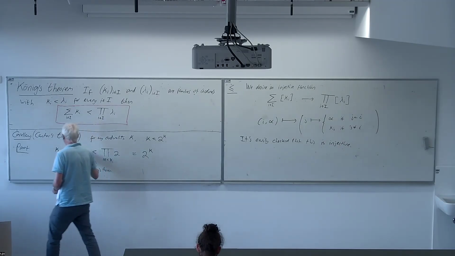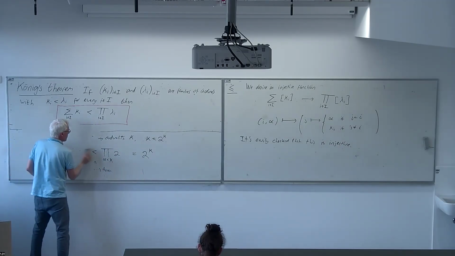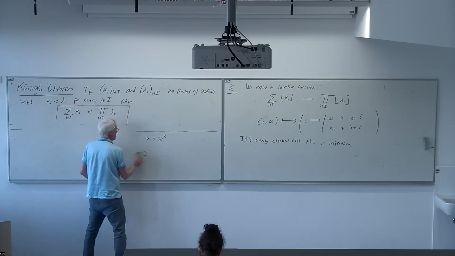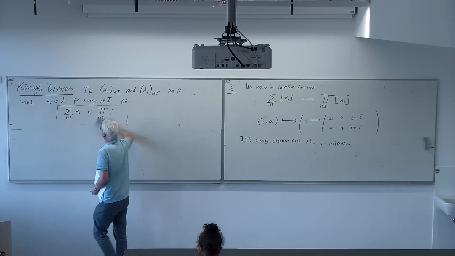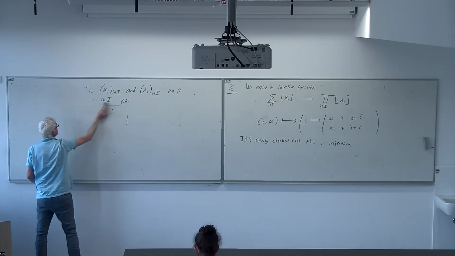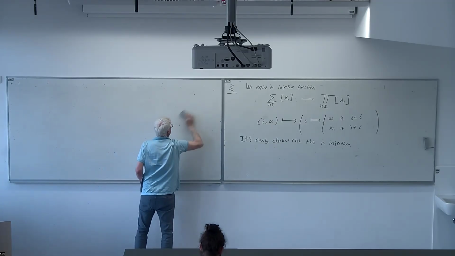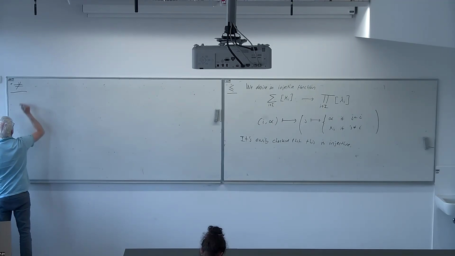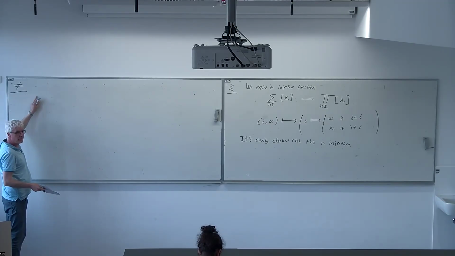So I'm going to rub out the statement of the theorem, so that we can remember what we're proving. We now get to the tricky part, which is proving the strict inequality. We're going to prove that the two cardinals are not equal.